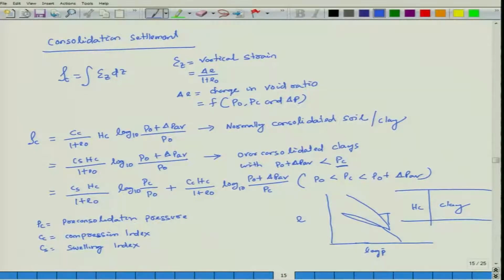Then if PC is lying between the overburden P0 and P0 plus delta P average, in that case it is Cs Sc by 1 plus E0, log 10 of Pc by P0, plus Cc Sc divided by 1 plus E0, log 10 of P0 plus delta PAV by Pc.